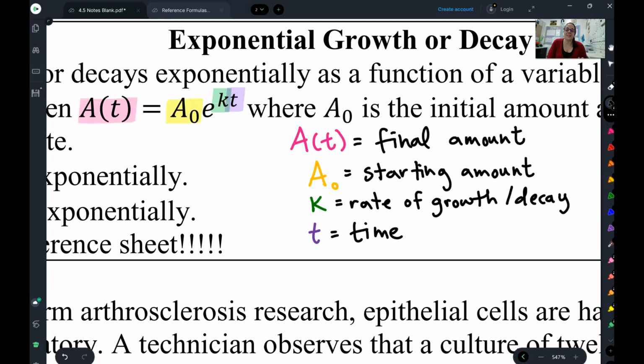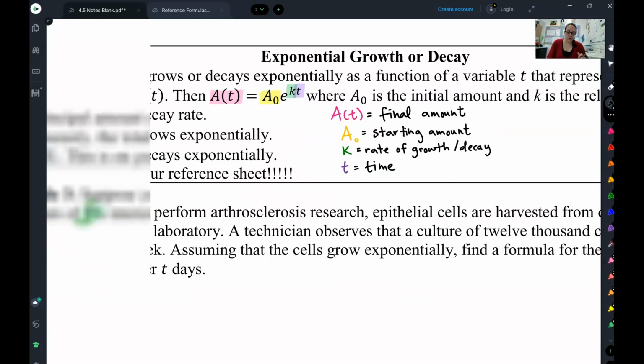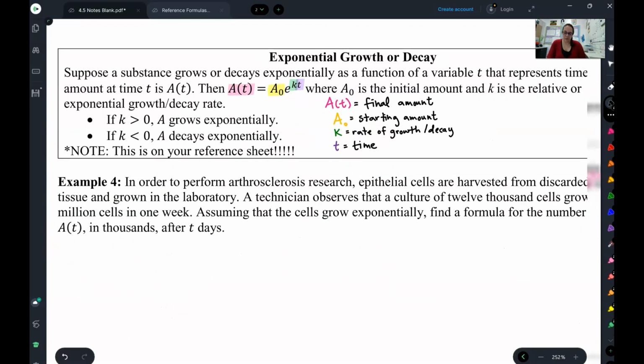So it is the exact same thing as the PERT formula. We're just using new letters for these things. Why we have the same formula with two totally different sets of letters, I don't know. We just do. So once again, it's not your job to memorize it. It's just your job to know what they all mean.